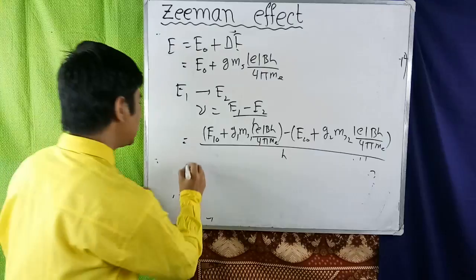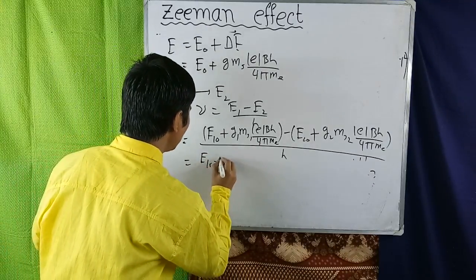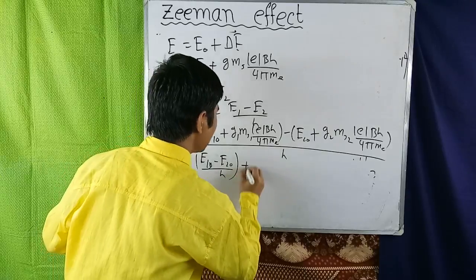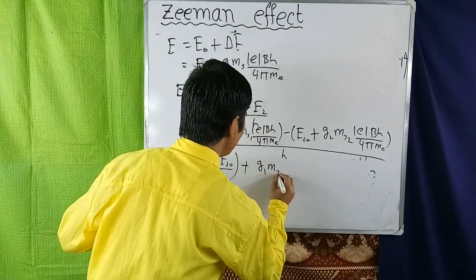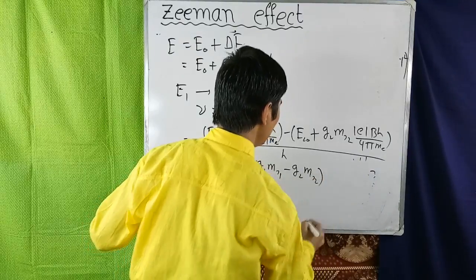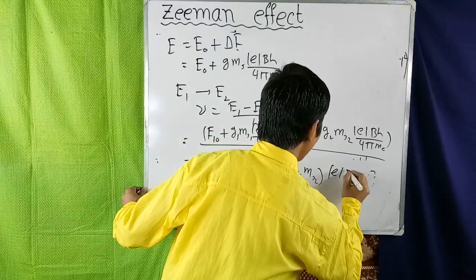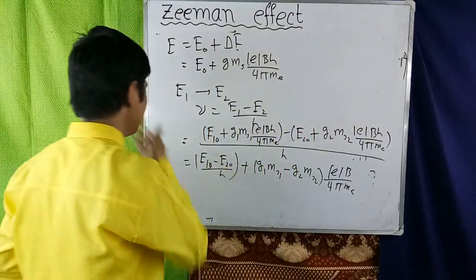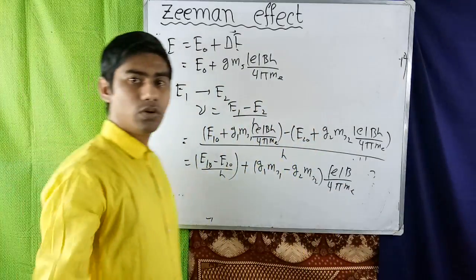Okay, so this is equals to E10 minus E20 by h plus g1 mj1 minus g2 mj2 into eb by 4 pi me. Okay, so this is nu.